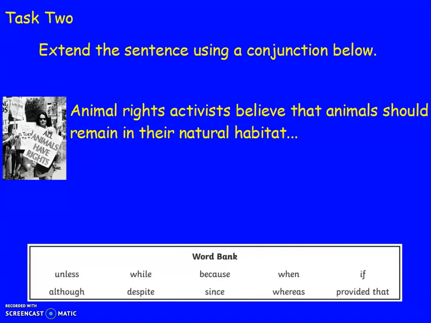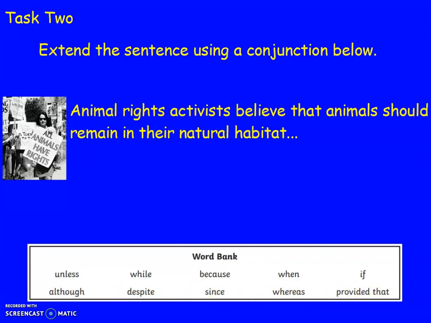Okay, so now it's your turn to pick a conjunction for task 2. So I want you to extend the sentence using one of the conjunctions down at the bottom here. So we've got unless, while, because, when, if, although, despite, since, whereas, provided that.